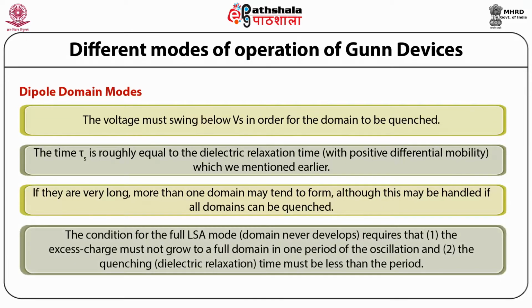So the condition for the full LSA mode, where the domain never develops, requires that first, the excess charge must not grow to a full domain in one period of the oscillation, and second, the quenching time or the dielectric relaxation time must be less than the period.